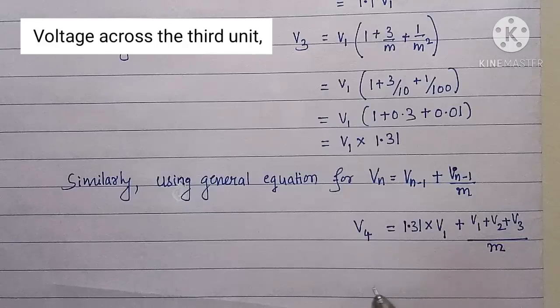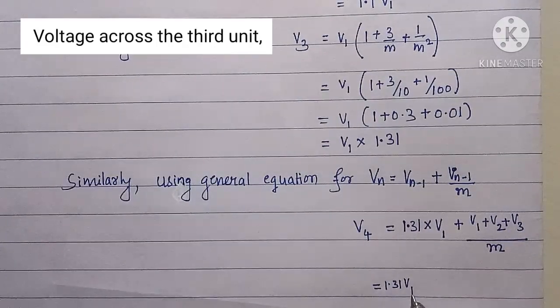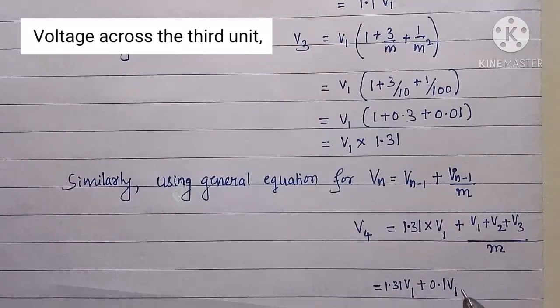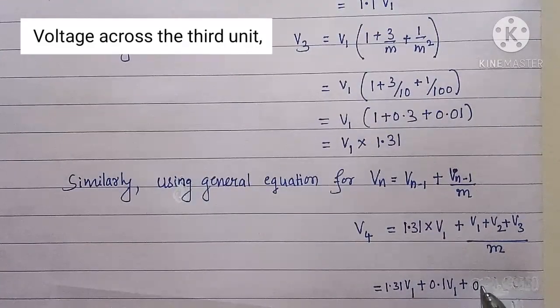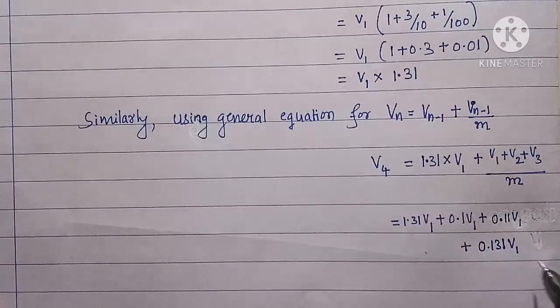So substituting the values, we get 1.31 V1 plus 0.1 V1 plus 0.11 V1 plus 0.131 V1.